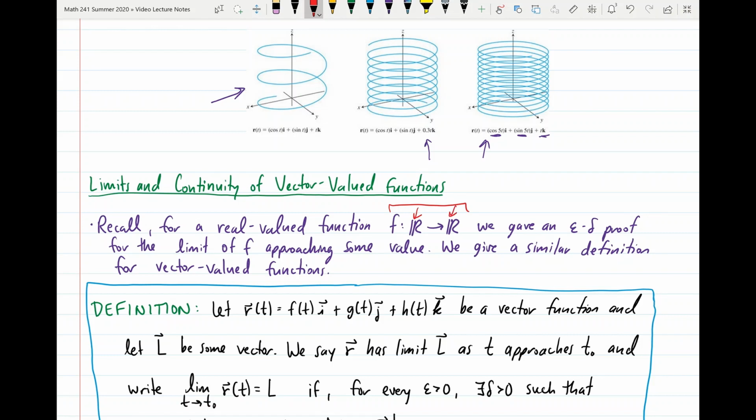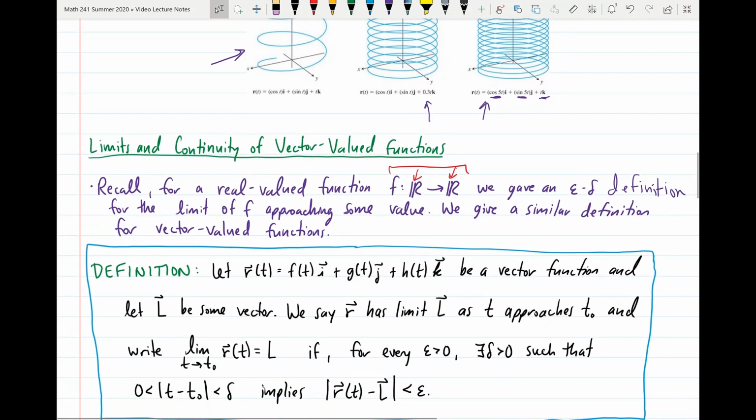And for these kind of functions in Calc 1, we gave an epsilon delta definition for the limit of f approaching some value. And now we're going to give a similar definition for vector valued functions.